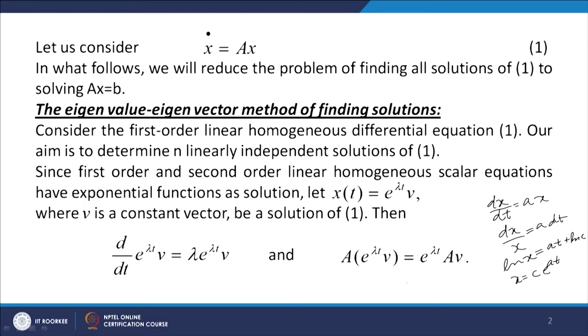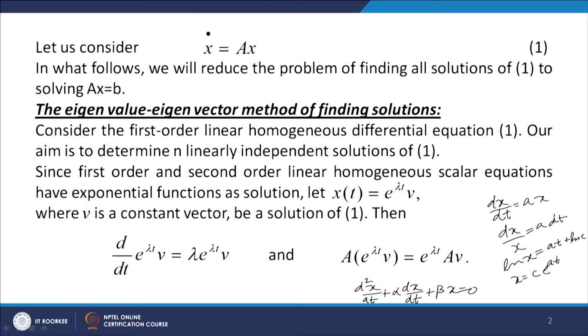Same is the situation when you consider second order linear homogeneous scalar equation d square x by dt square plus some constant say alpha times dx by dt plus beta times x equal to 0. So, we have exponential functions as solutions of these first order and second order homogeneous scalar equations.